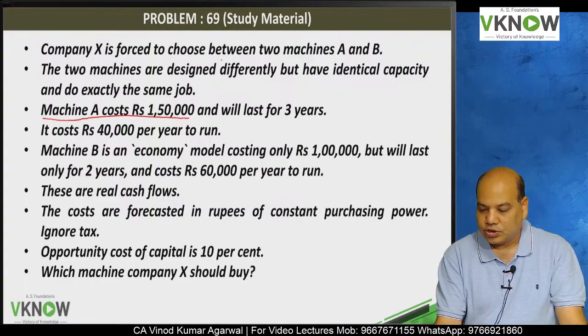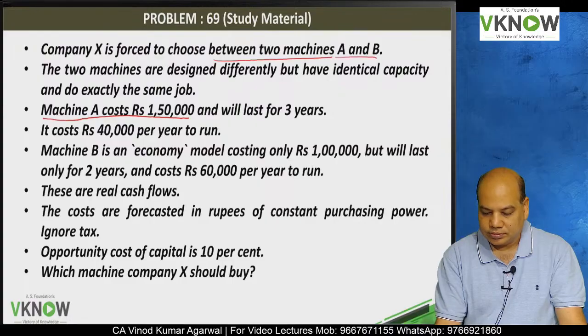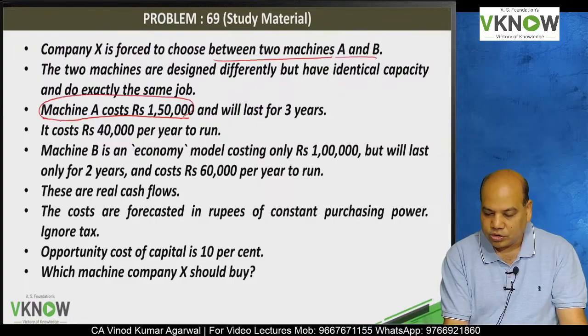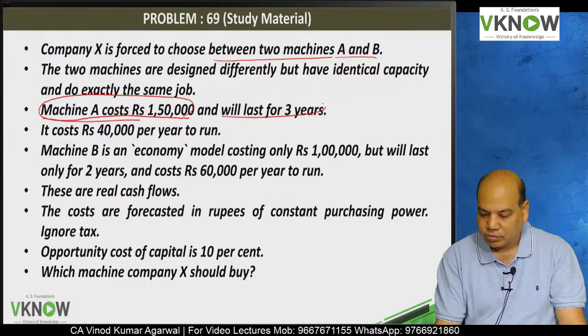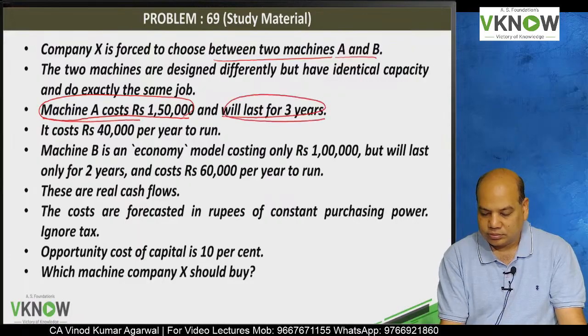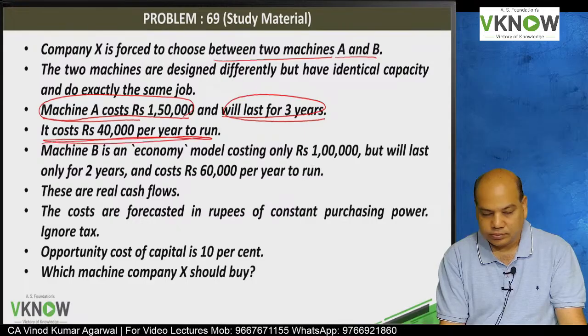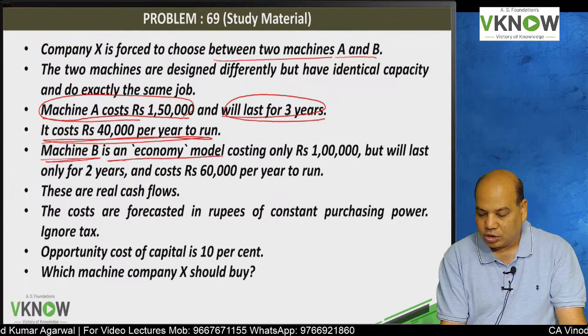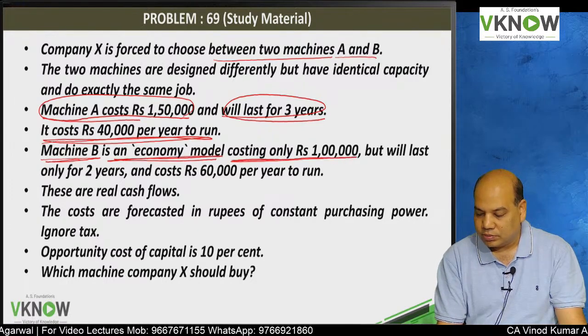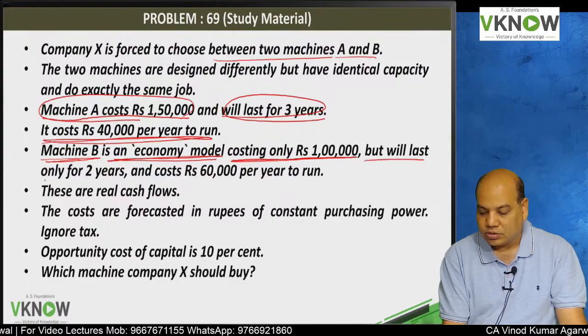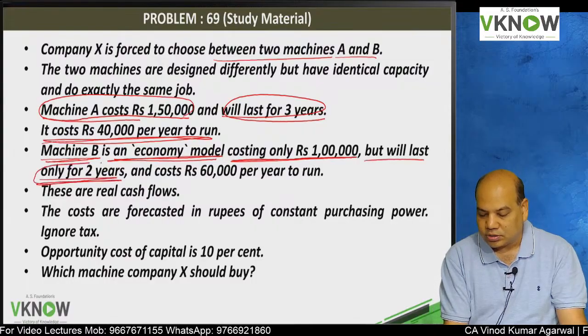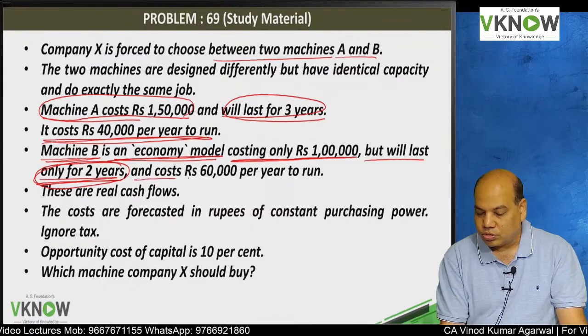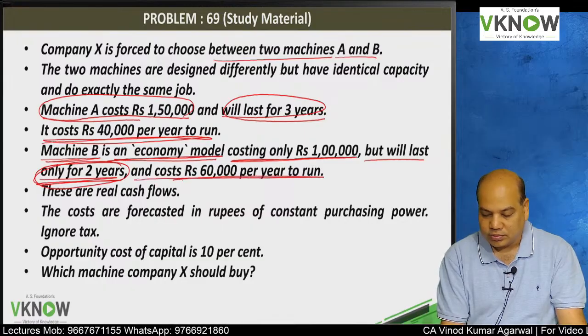You have to make a choice between two machines, A and B. Machine A will cost 1,50,000, last for 3 years, and it costs 40,000 per year to run. Machine B is an economy model. It costs 1 lakh rupees only, but will last only for 2 years. Cost to run 60,000 per annum.